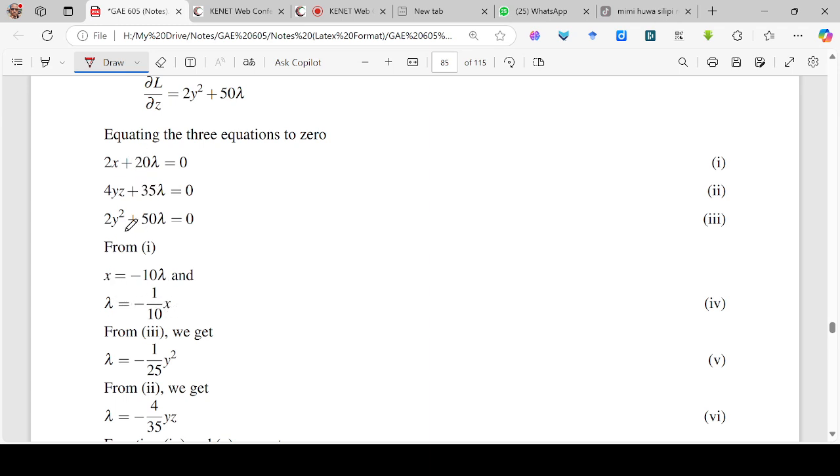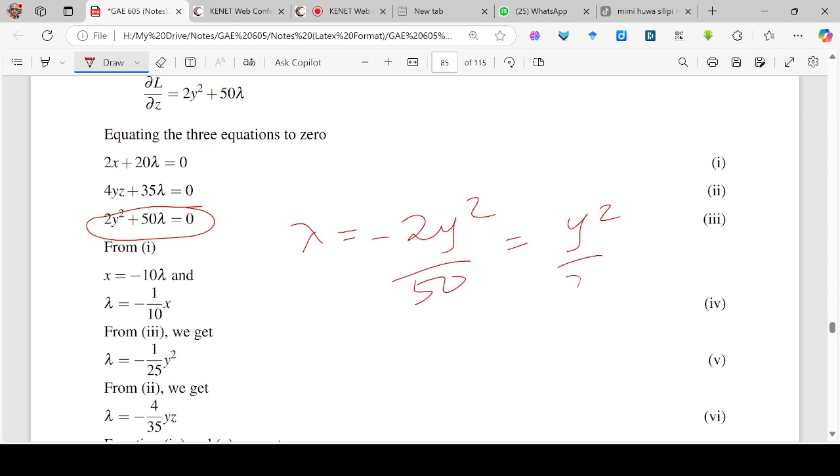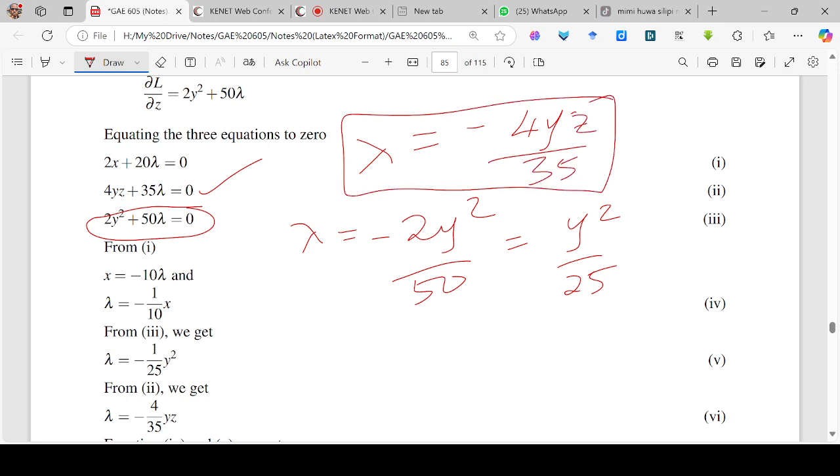From the third equation, we get lambda equals minus 2y squared over 50, or minus y squared over 25. From the second equation, we get lambda equals minus 4yz over 35.